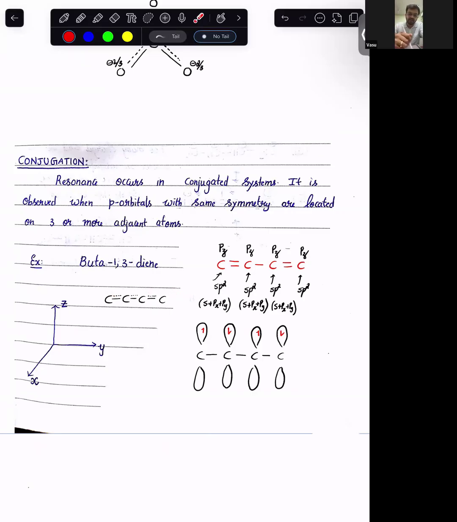The amount of electron density may differ. That is, the amount of electron density present between these two carbons may not be the same as the pi electron density present between these two carbons. So we need to understand what factors determine the distribution of this electron density.